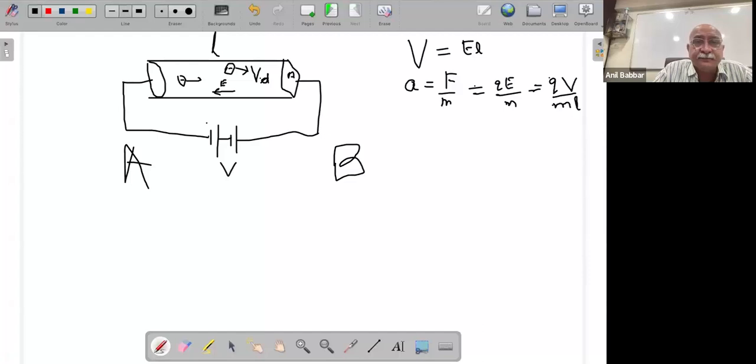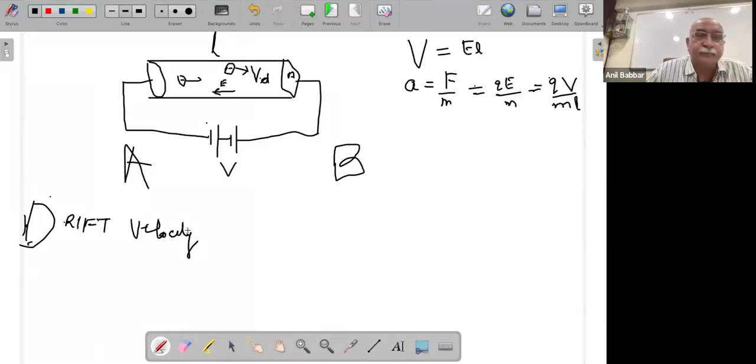Let tau 1 be the relaxation time for the electron.